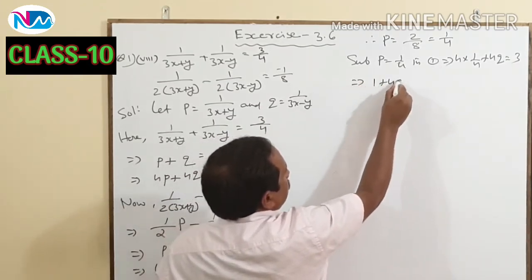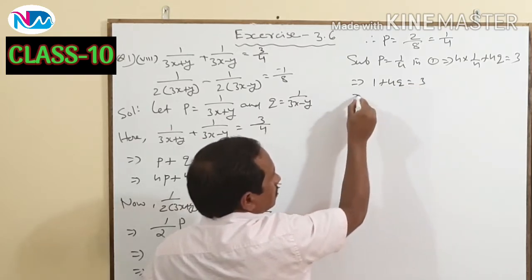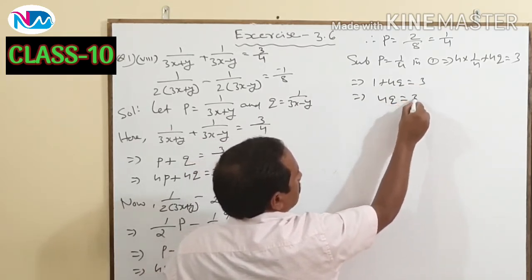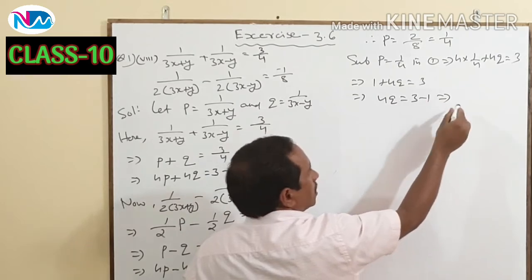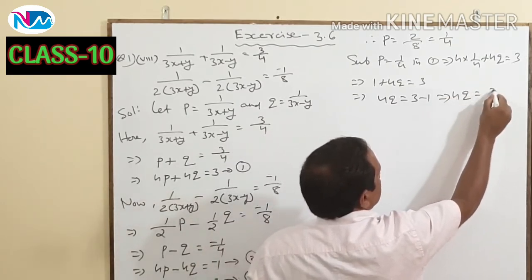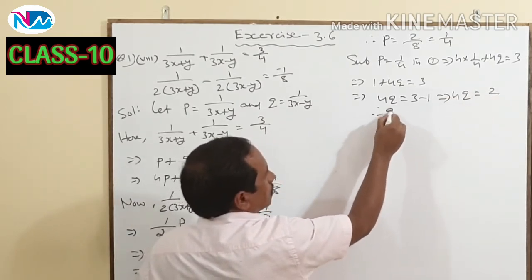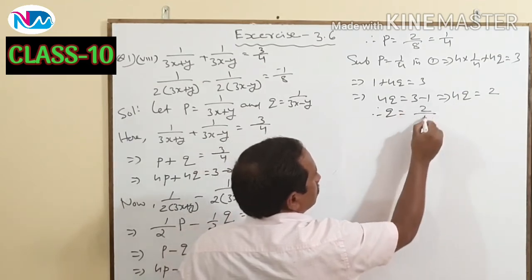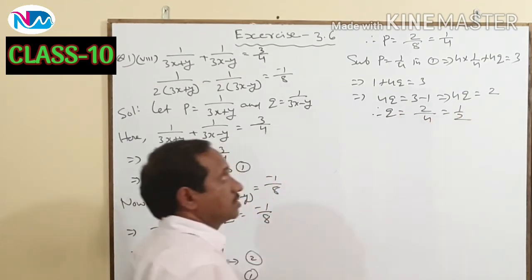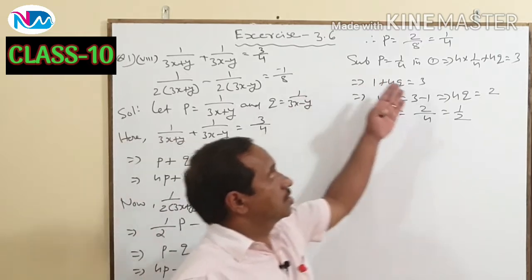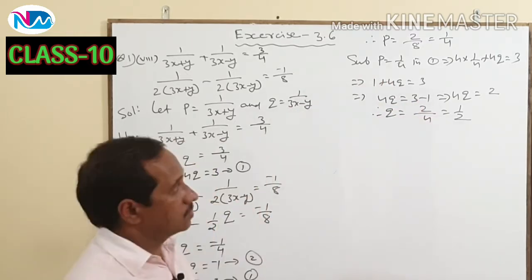We get 1 plus 4q is equal to 3. That gives 4q is equal to 3 minus 1. Again it gives 4q is equal to 2. Therefore, q is equal to 2 by 4, which is equal to 1 by 2. So we are getting p is equal to 1 by 4 and q is equal to 1 by 2.